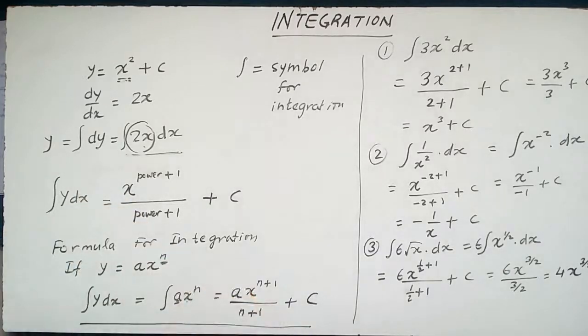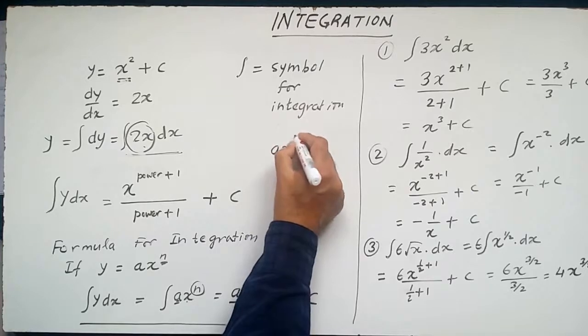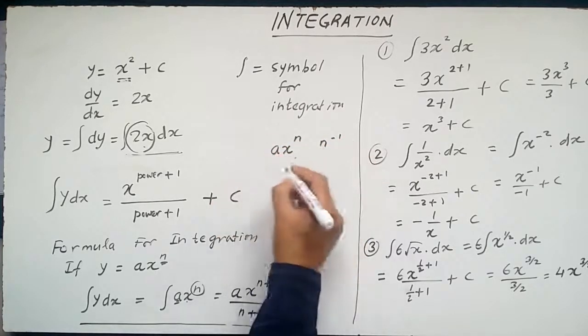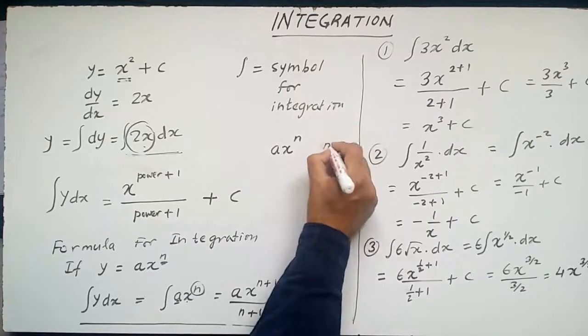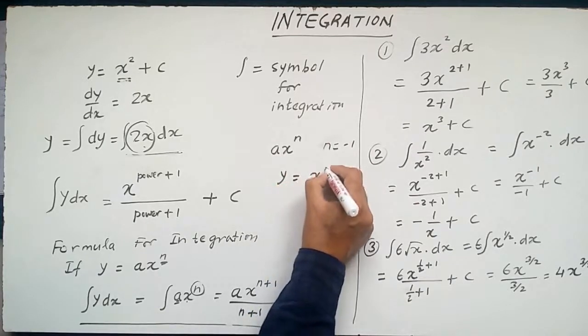Okay. In this formula for integration, since we are adding one to the power, what happens when n is equal to minus 1? So if it is x to the power n, where n is equal to minus 1, let's say y is equal to x to the power minus 1.